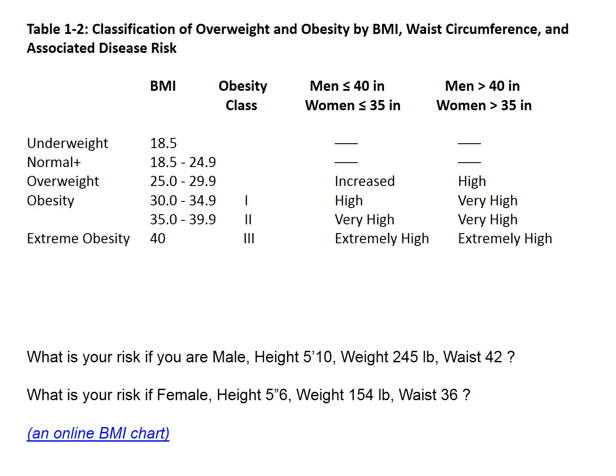So don't memorize this. If I have any questions on BMI, I'll provide you with the chart, but I do want you to be able to look at a chart like this and interpret it. So here you go. Why don't you try that? Let's suppose that your male patient is 5'10", weighs 245, and has a waist of 42 inches. And your female patient is 5'6", weighs 154, has a waist of 36 inches.